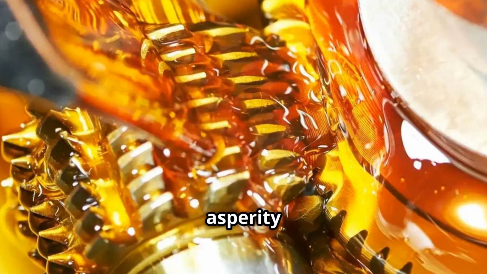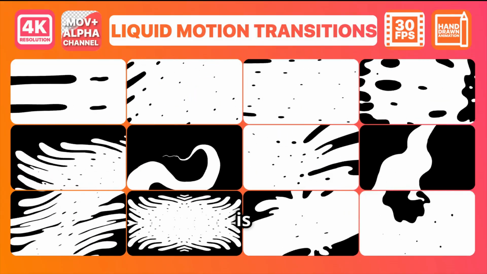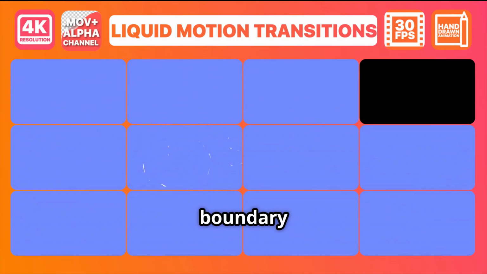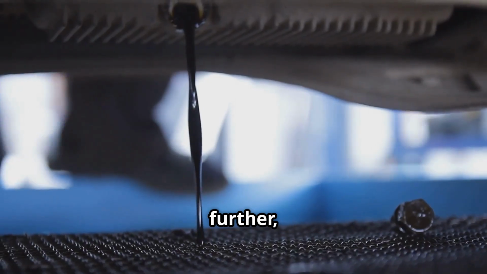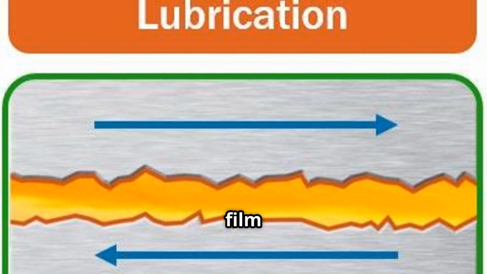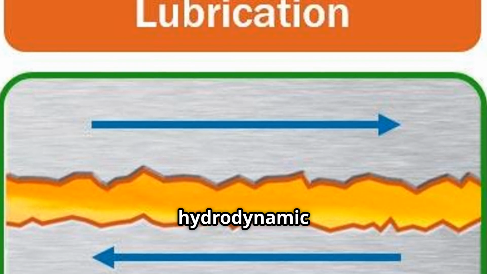Some metal-to-metal asperity loading is still occurring combined with loading or lift on the lubricant. This is an intermediary condition between boundary and hydrodynamic or elastohydrodynamic lubrication regimes, the gray area between them. As the oil film thickness increases further, the system now moves into full film lubrication, either elastohydrodynamic or hydrodynamic lubrication.